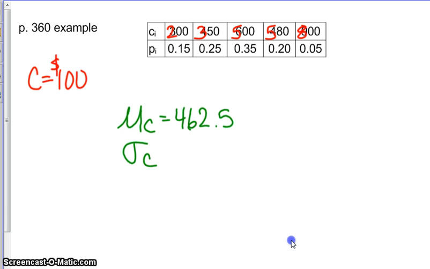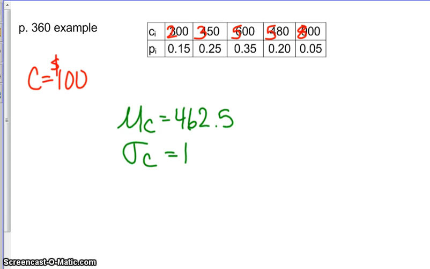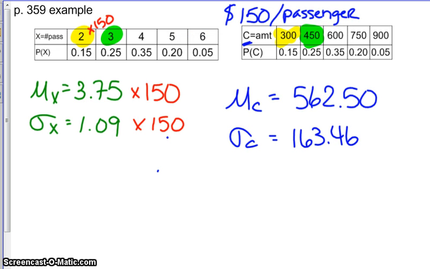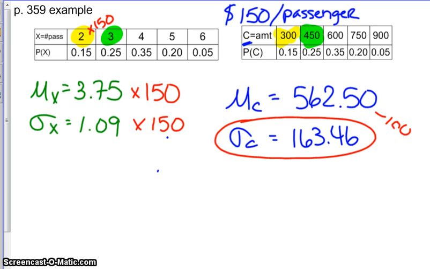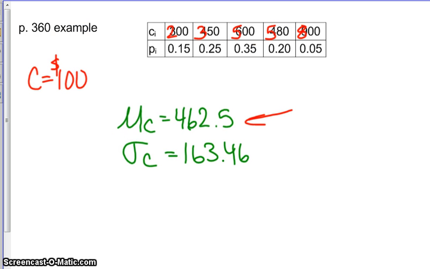Standard deviation is 163.46. Now, if we go back to where we were before, notice that my standard deviation did not change because it was 163.46 before, it still is. But now my 562, if I take away 100, that's where we're getting that 462. So, again, adding and subtracting will change my mean, my location pieces, but not my spread.